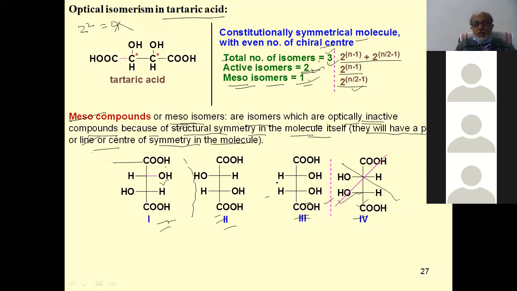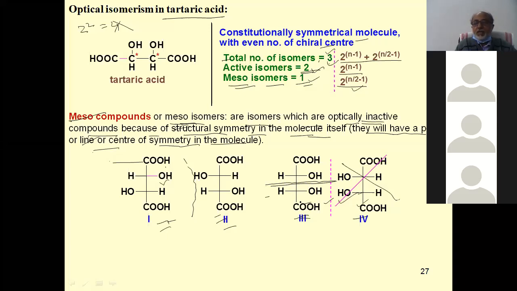Now you see in this 3 or in 4, what is this? Pass a plane here. Is it not exactly dividing the molecule into equal halves? Yes or no? Yes, sir. So if it is, what is optical activity? Optical activity will be shown only if the molecule is asymmetric.